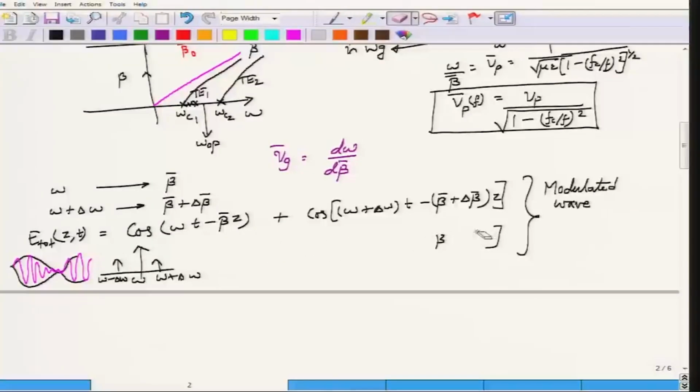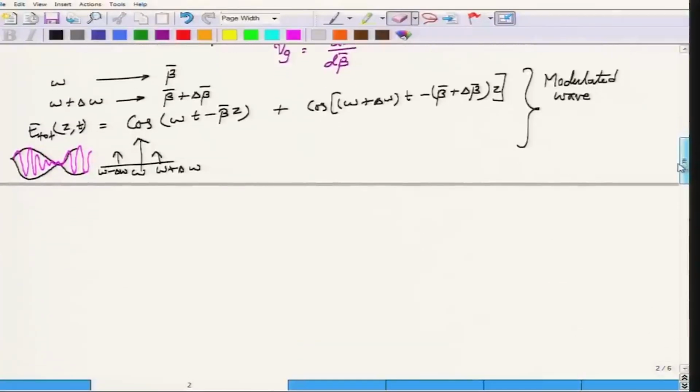Okay. And for mathematical simplicity, I will assume that there is only the carrier and its upper side band. Now, I can use some well known trigonometric identities to simplify this expression and write the total electric field as 2 cos of delta omega by 2 into t minus delta beta bar by 2 into z. Please verify this one, it is coming from the cos A plus cos B formula.